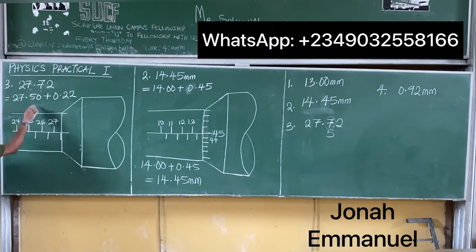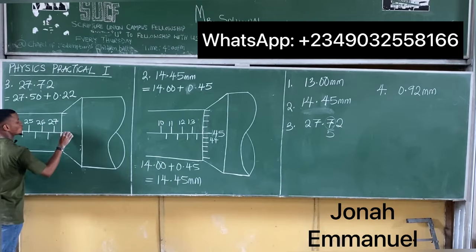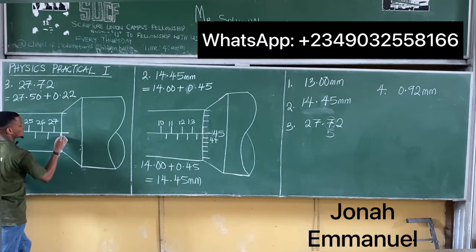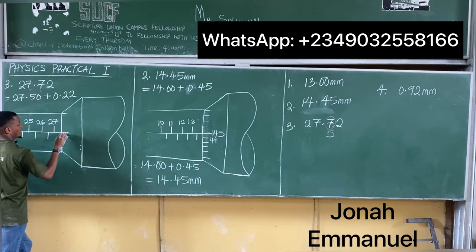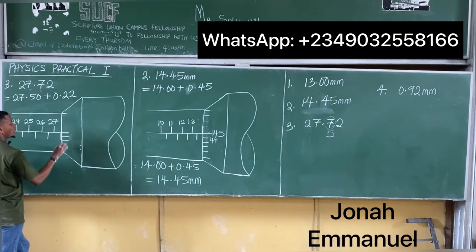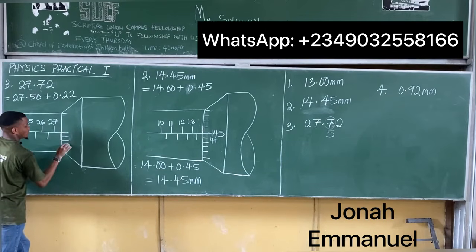That's 27.5 plus 0.22. So this is 0.22, 0.23, 22, 23, 24, 25.